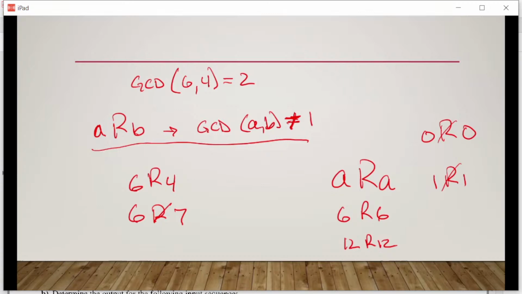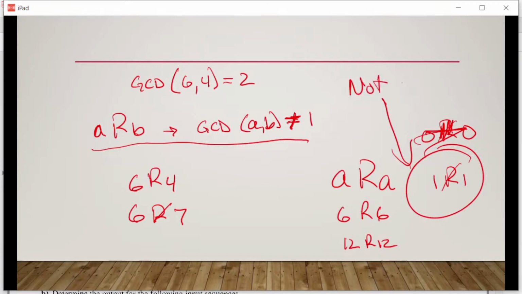"But wouldn't it be related because it's not 1?" It doesn't have a GCD. "Is it non-1? I guess it isn't 1." You're right. I guess it depends on how we're defining this. Okay, very good. So this is not reflexive. One bad apple, thank you, John, spoils the whole lot.